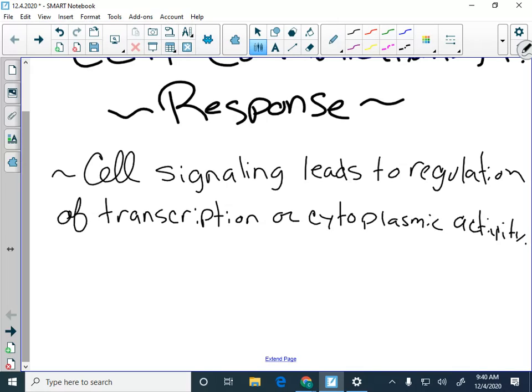Many signaling pathways, their entire goal is to regulate protein synthesis.